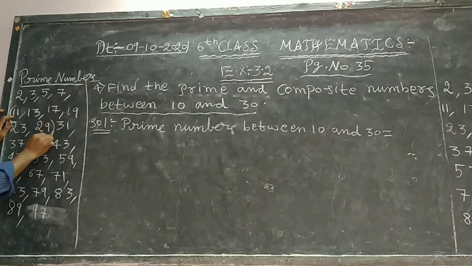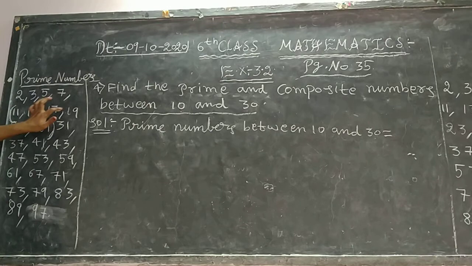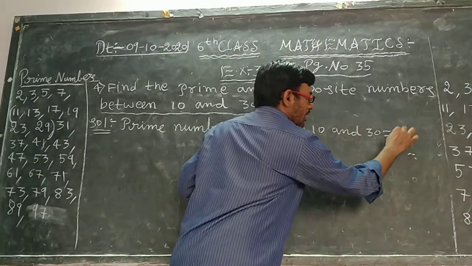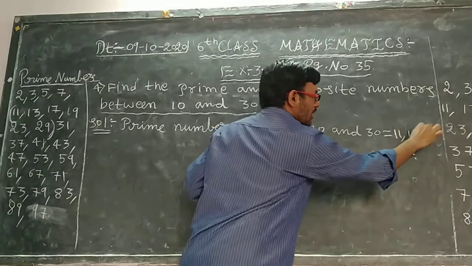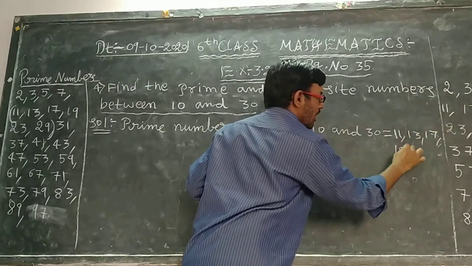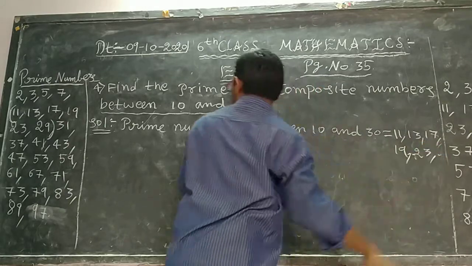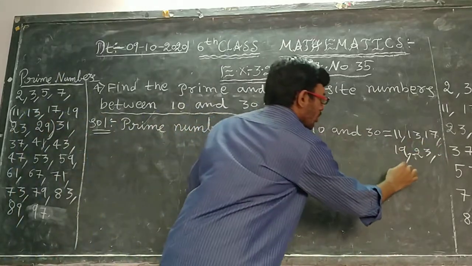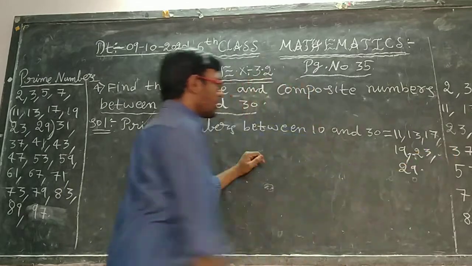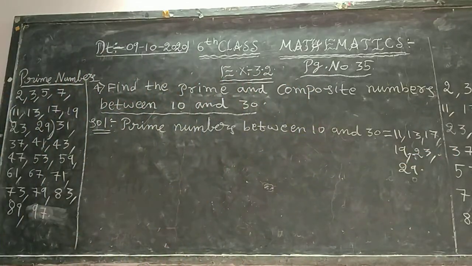So 11, 13, 17, 19, 23, 29. These are the prime numbers between 10 and 30.